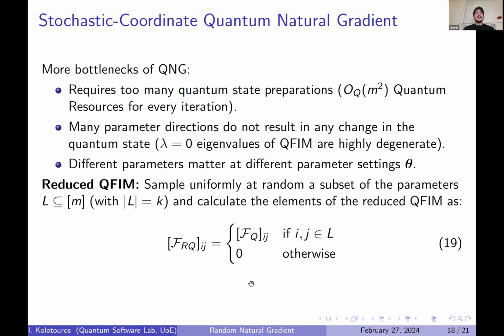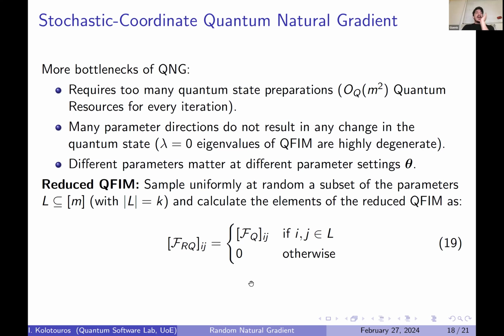It would be ideal if you knew which parameters lead to independent changes in your quantum state. The thing is that at different parameter settings, different parameters matter. For example, in one iteration, some of the parameters will change the state in a different way, then in the next iteration, some other parameters will change the state independently, and so on.